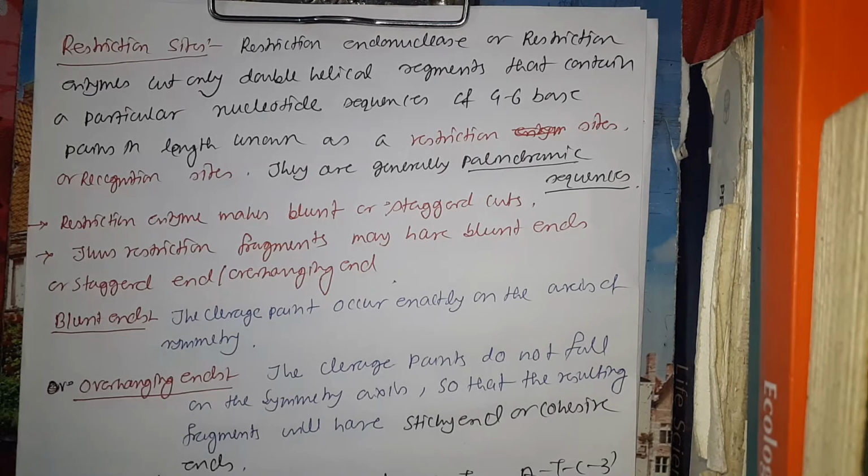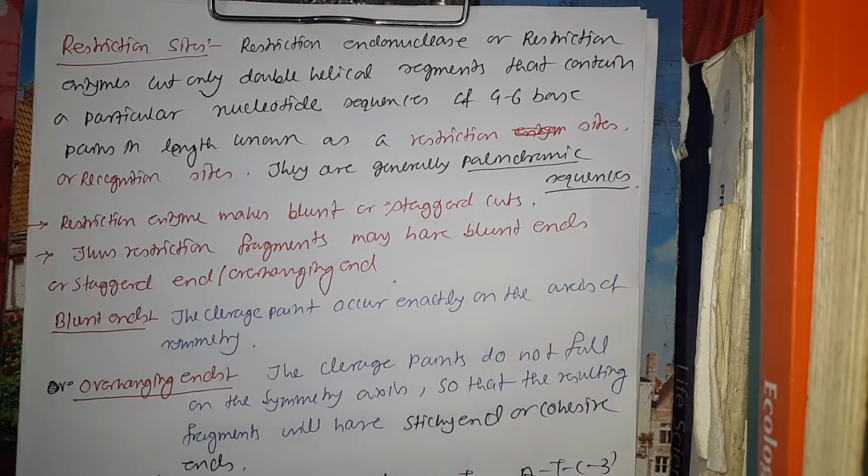Okay, so let's start. In our very first video I told you that we use restriction endonuclease to cut a target DNA sequence from a very large, heterogeneous DNA source.